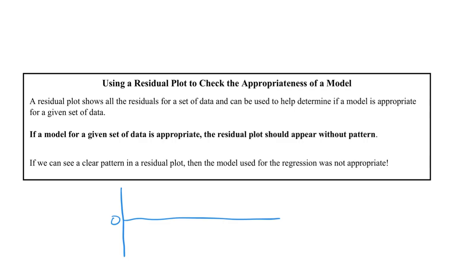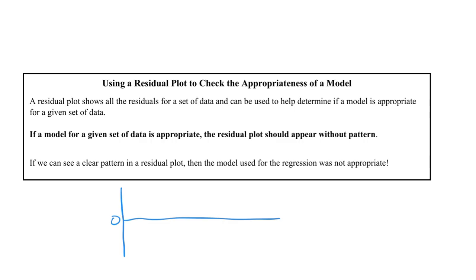So if they were all on this, then our model was basically exact, okay? That doesn't happen in the real world. Things get a little bit messy when we're dealing with real data and not stuck in a classroom dealing with theoretical math. So we have to look at our residuals to see if maybe we should have used a different model, or at least know that the model that we used wasn't really a good predictor.